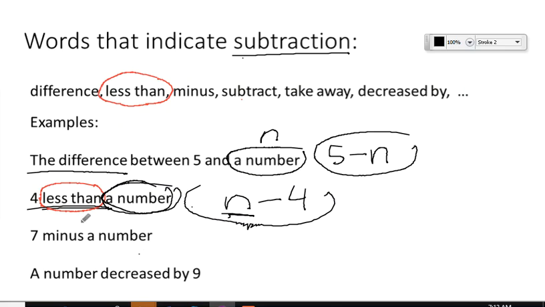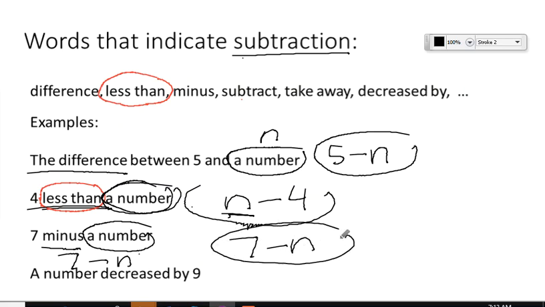Let's look at the next one. 7 minus a number. Minus just means subtraction, and a number is going to mean our variable, so 7 minus a number. The next one, a number decreased by 9.